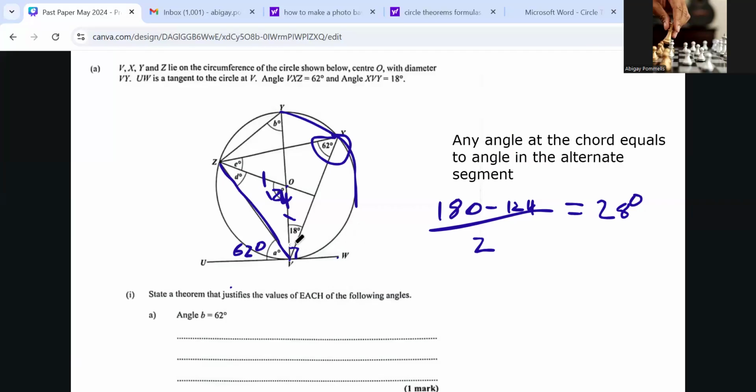All right, so back to what we're saying again: the angle at a chord equals the angle in the alternate segment.